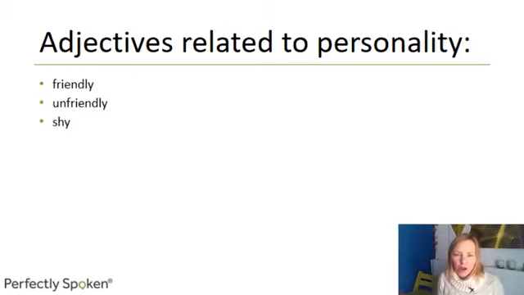When I was a child, I was shy. Now I'm not shy at all. Now I am outgoing. I'm sociable, confident, talk a lot. So yes, I was shy and now I'm outgoing.